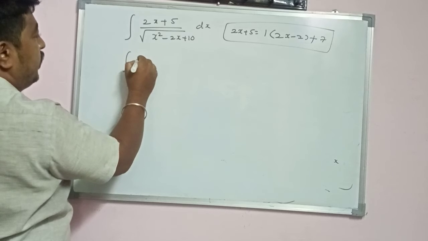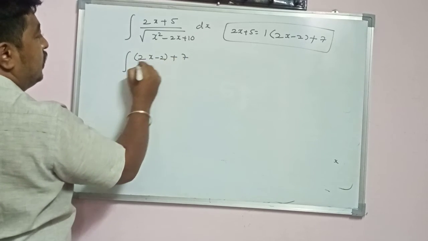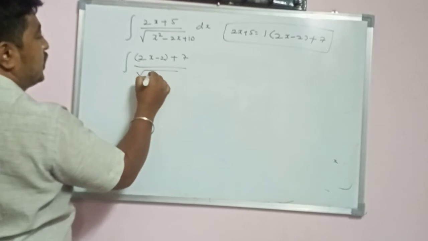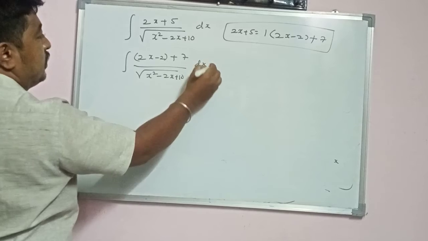Next write down here: integration of (2x minus 2 plus 7) by the square root of x square minus 2x plus 10 into dx.